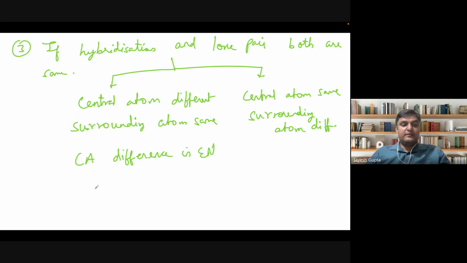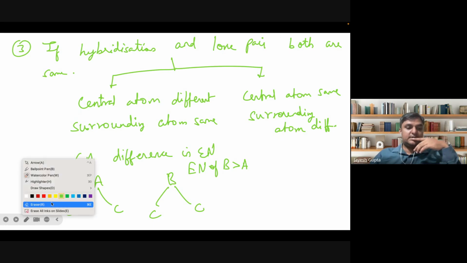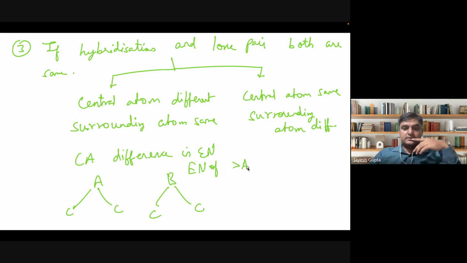For example, suppose I take A and B as central atoms. The surrounding atoms are the same, that is C and C, here also C and C. And the EN of B is greater than A. Or make it like this: EN of A is greater than B, A has more EN than B. So if A has more EN, then the lone pair will always be near to A because it has more electronegativity.